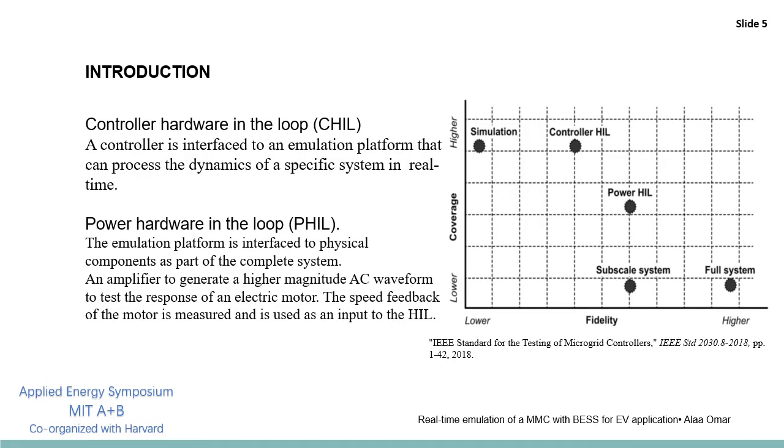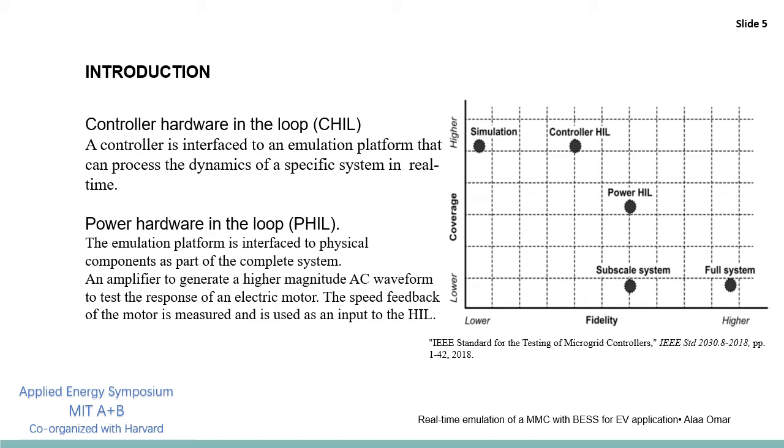As shown in this figure from the IEEE standard for the testing of microgrid controllers, there are many types of testing tools that can be used to test the dynamic performance of electrical systems, such as simulation. The simulation can be used to cover different operational conditions of the electrical system.